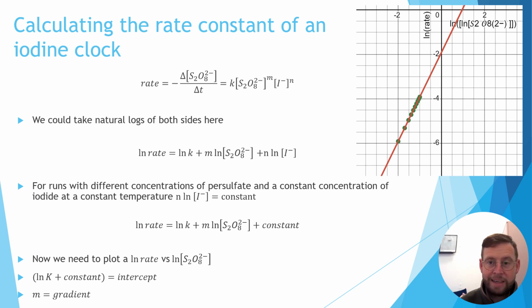So by freezing out the iodide and keeping the concentration the same, we can look at how the rate of reaction is dependent on the persulfate. And that is what this process is doing. Now that's the first step. We now need to look at the second step.